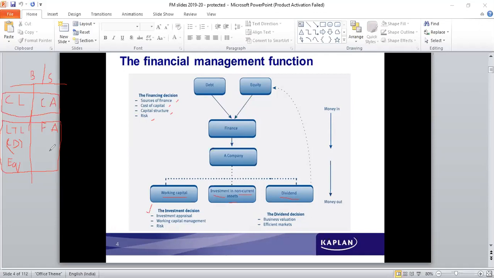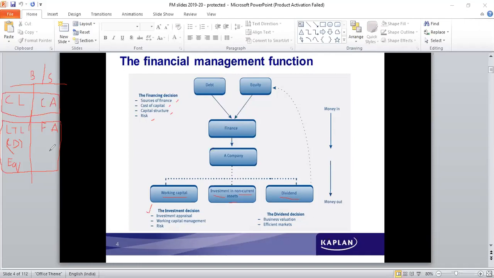When we look into the cost part of it, there is a term period linked to each type of liability. Current liabilities have to be paid in a short period of time, so they have to be paid by the company.